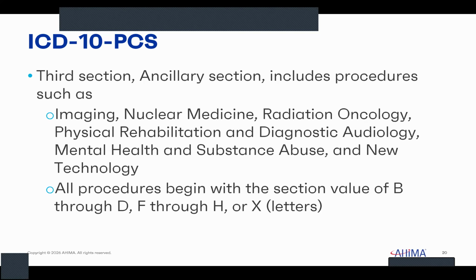And third section is the ancillary section. It includes procedures such as imaging, nuclear medicine, radiation oncology, physical rehabilitation, audiology, mental health and substance abuse, and new technology. All procedures begin with the section value of B through D, F through H, or X.